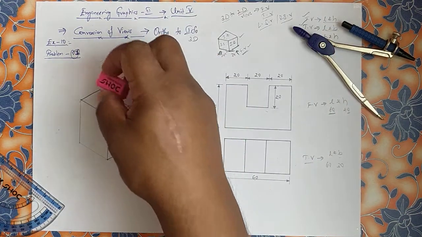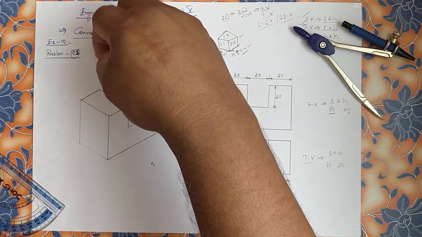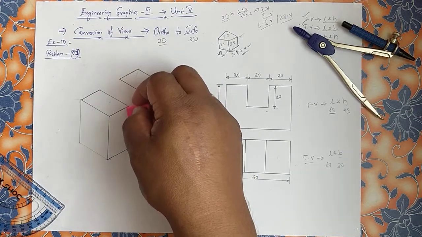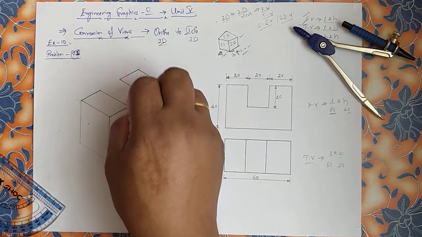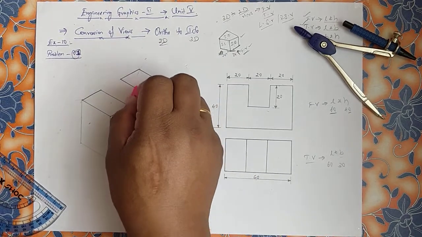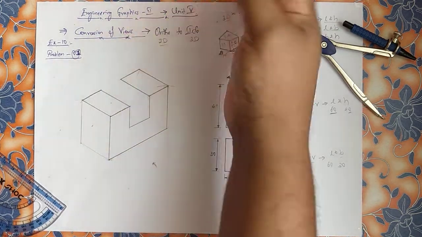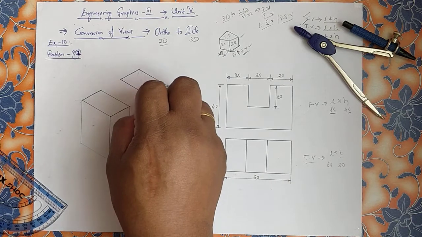Now if you observe, if I remove these two extra lines by erasing, see there is a scope of erase, that's why try to draw the light lines. You can observe a step.